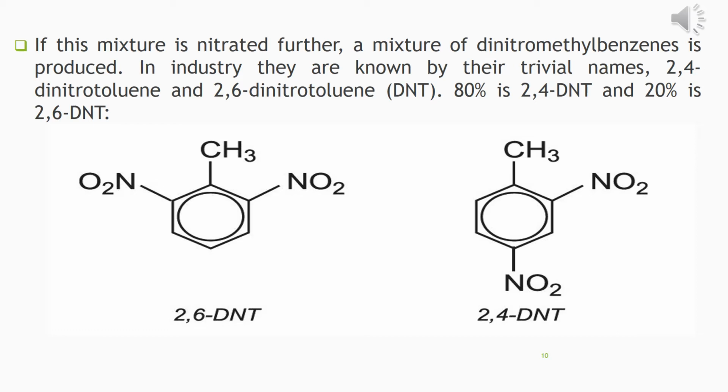2,6-dinitrotoluene is present only in a lower percentage, only 20%, while 2,4-dinitrotoluene is 80%. The reason may be steric hindrance, which does not allow 2,6-dinitrotoluene in a higher percentage, because the nitro group which is away from the methyl is more stable. So the percentage of 2,4-dinitrotoluene is greater than 2,6-dinitrotoluene.